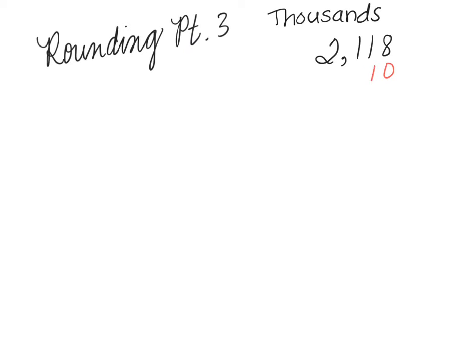So ones, tens, hundreds, thousands. I've got to identify my target number, which is the 2, because I'm rounding to the thousands place. So I know now what my target number is.